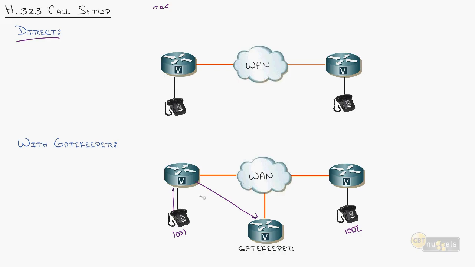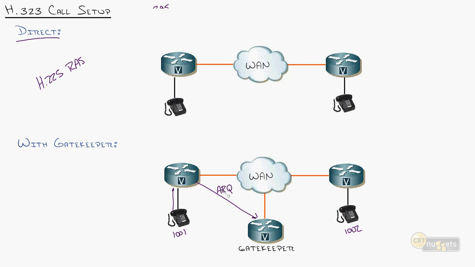He will send, again, now we're on that H.225 RAS, registration, admission, and status, because we're going to remember that. He's going to send an admission request message. And all that is saying is, hey, I want to be able to call 1002. Is that okay?